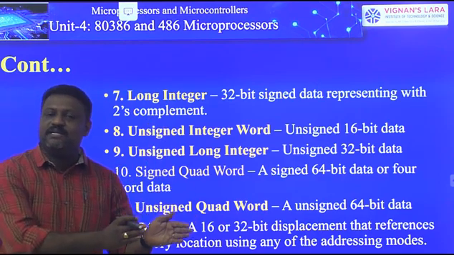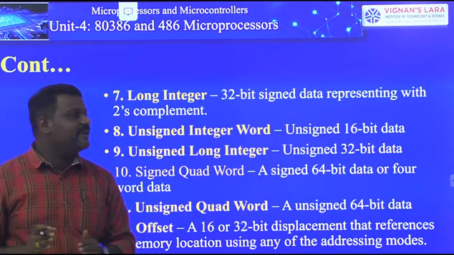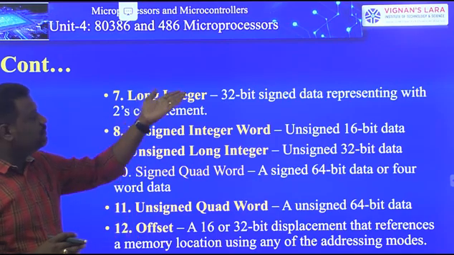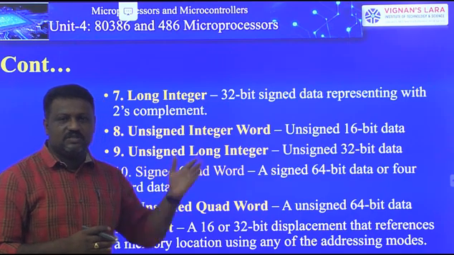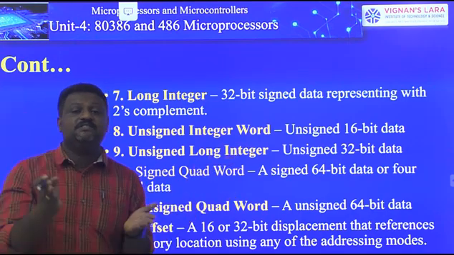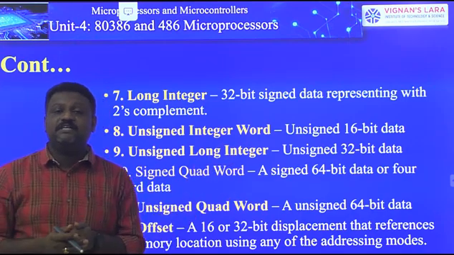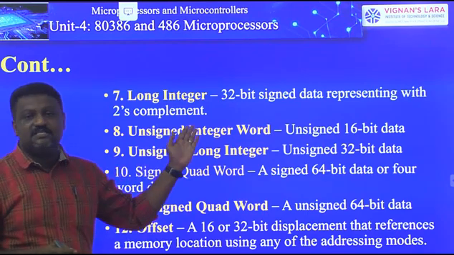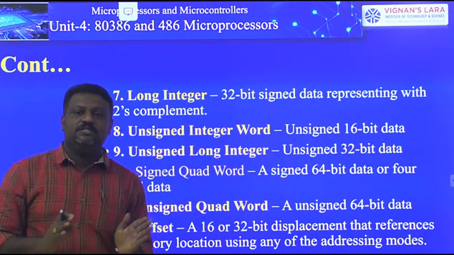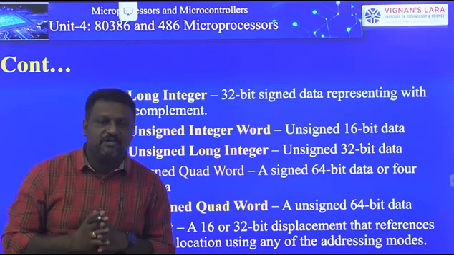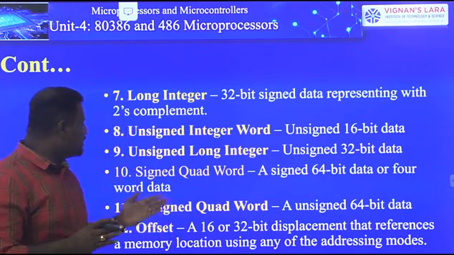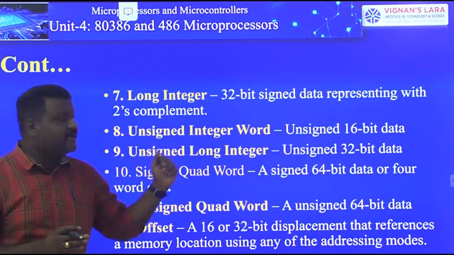The first one is 8-bit and the second one is 16-bit, and now 32-bit. And coming to the 8th one, unsigned integer word. Signed integer word is nothing but a 16-bit 2's complement number. But here now it is unsigned integer word. That means your 16-bit number is an unsigned number. That means your number is a positive number itself. And coming to the 9th one is unsigned long integer.